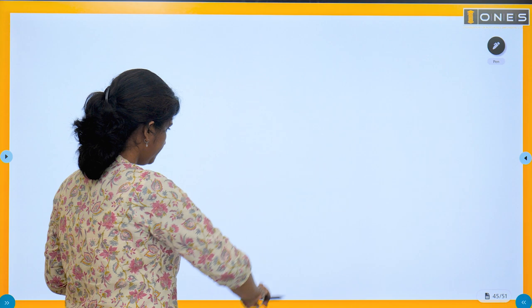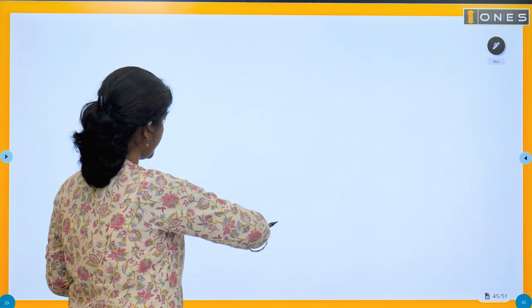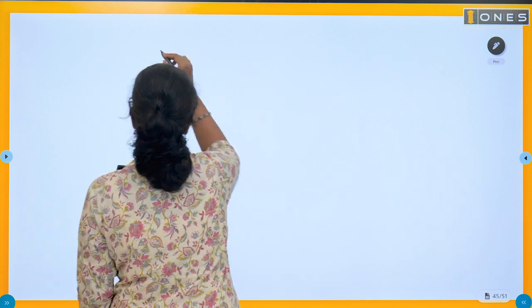Yes, so I'll just write down that equation for X of s once again here.